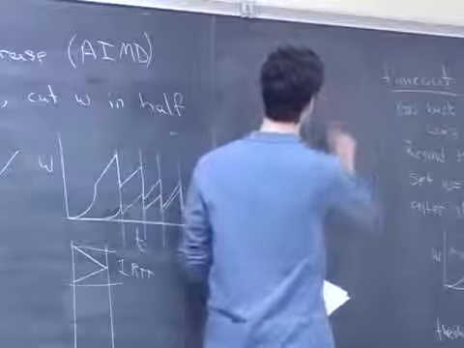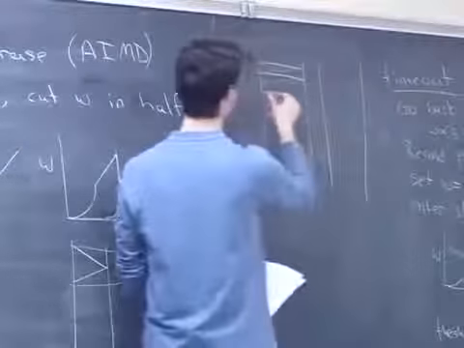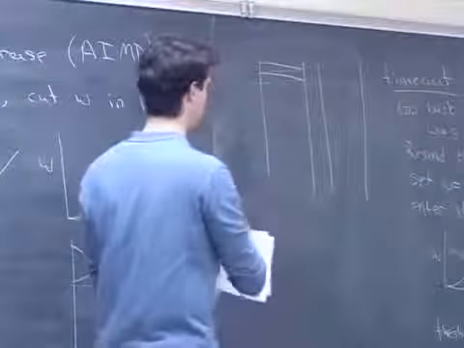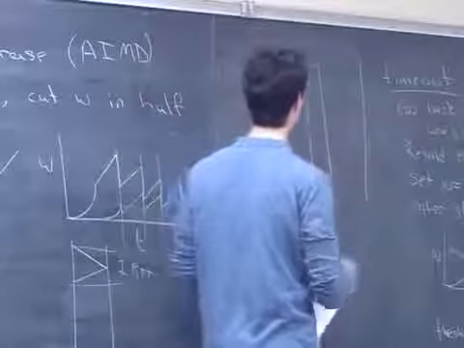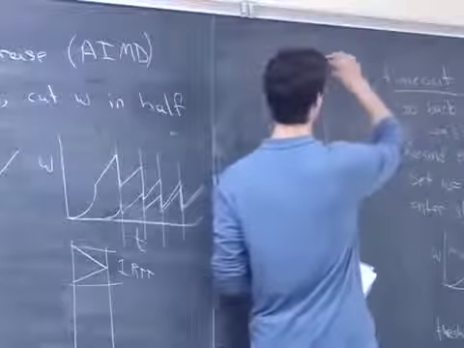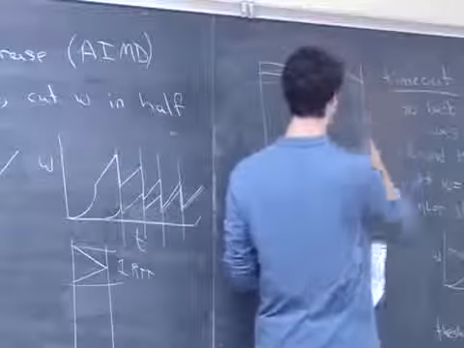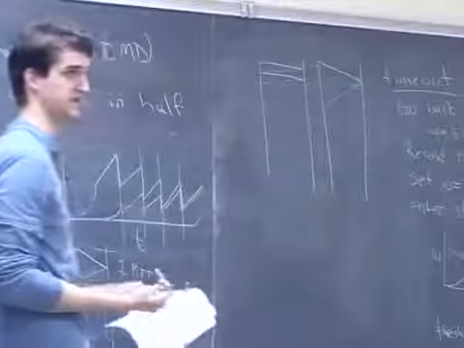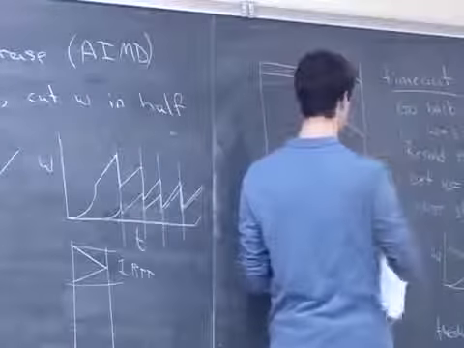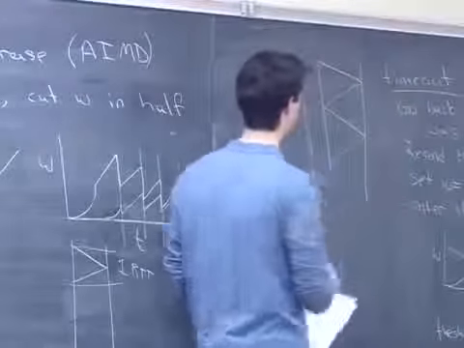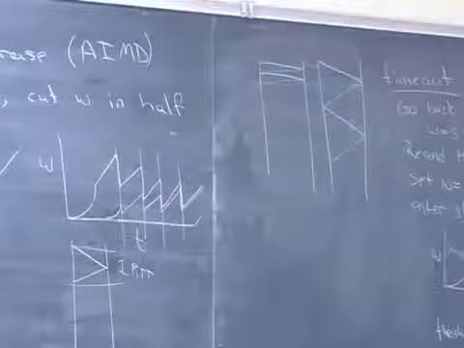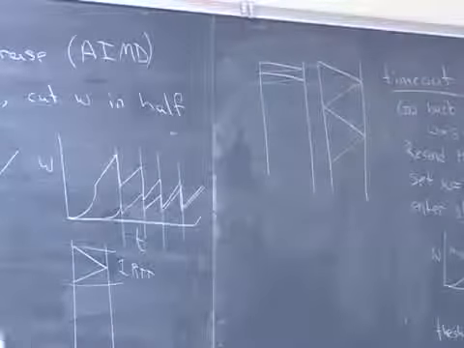So these 2 hosts, in this amount of time, sent 2 packets from the source to destination. Now, if the round trip time is longer, let's say it's double as long, then in that same amount of time, we can only send half as many packets. All right? Because we have this very long round trip. So the congestion window is related to the transmission rate, but it's not exactly the same as the transmission rate.